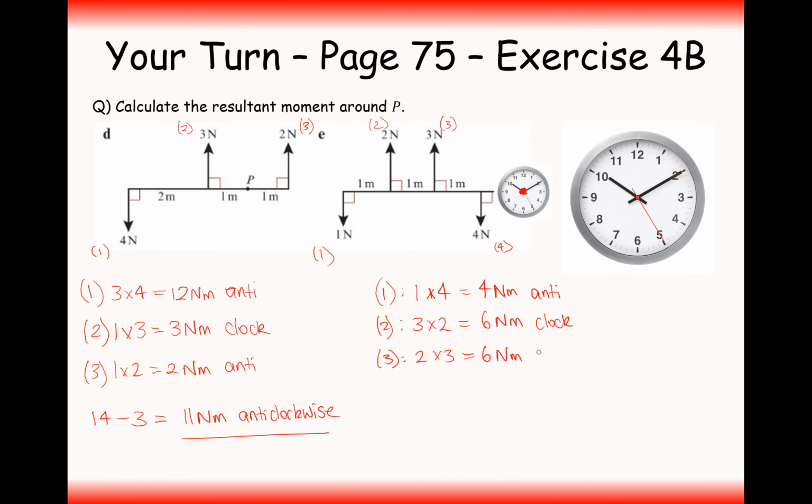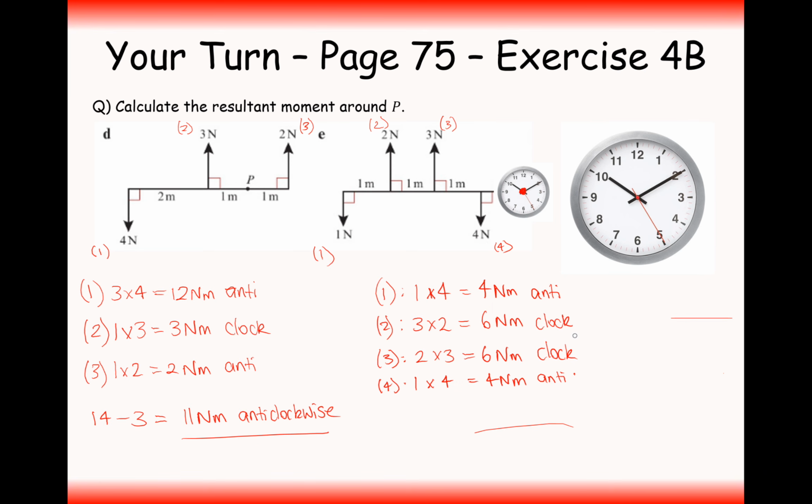And that's going upward on the left hand side of the clock as well, so that's going to be going in the clockwise direction. And for the last force here, it's going to be a calculation of 1 times 4, which is going to be 4 Newton meters, and that's going in the anti-clockwise direction.